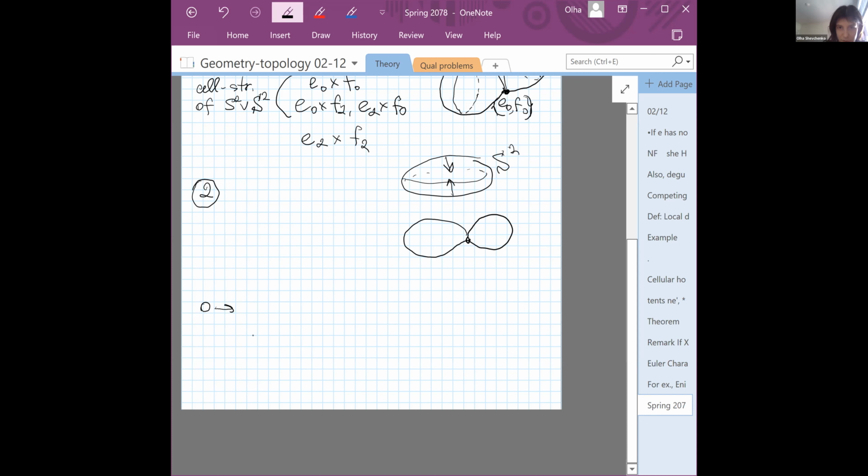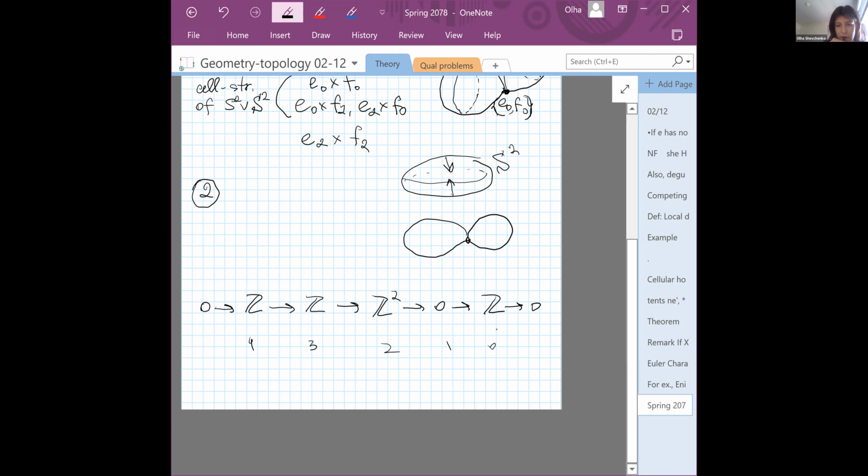So we got 1 4 cell, 1 3 cell, this is for 4, this is for 3. For 2, we got 2 cells. For 1, we got 0 cells. So 3, 0, 2, 1, 0. Okay, cool.